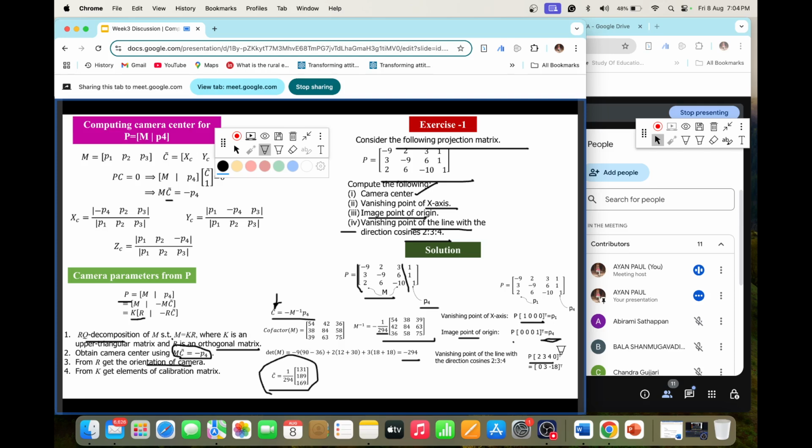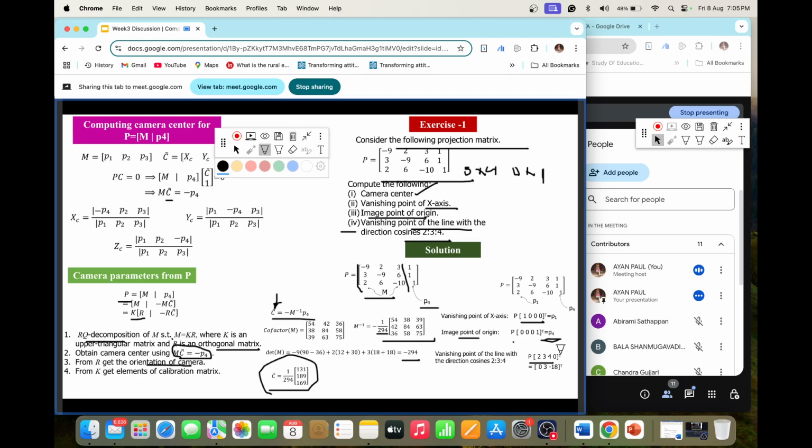This projection matrix is 3 cross 4, meaning 3 rows and 4 columns. Why are we taking the transpose? Because 2 3 4 0 is a row matrix, actually 1 cross 4, and we cannot multiply our matrix with it. So we have to change it into 4 cross 1, which we do by simply taking the transpose.